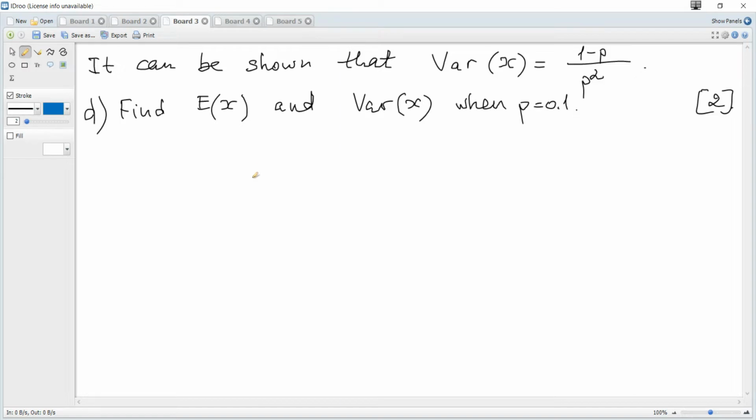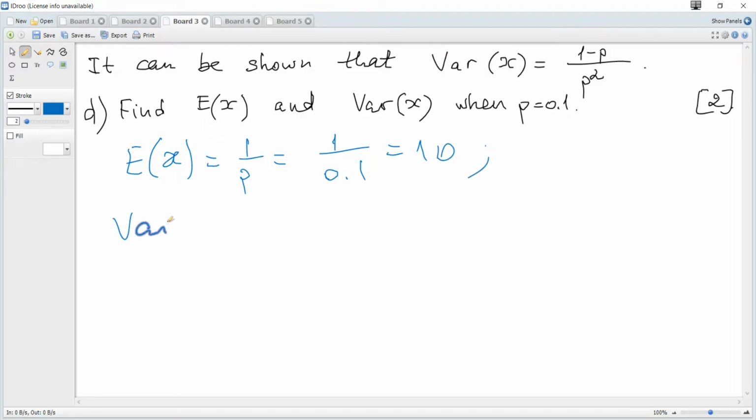The next, it can be shown that variance of x is 1 minus p over p squared. Find E of x and variance of x when p is 0.1. You need just calculate substituting 0.1 for p. So E of x is 1 over p, so it's 1 over 0.1, it's 10.